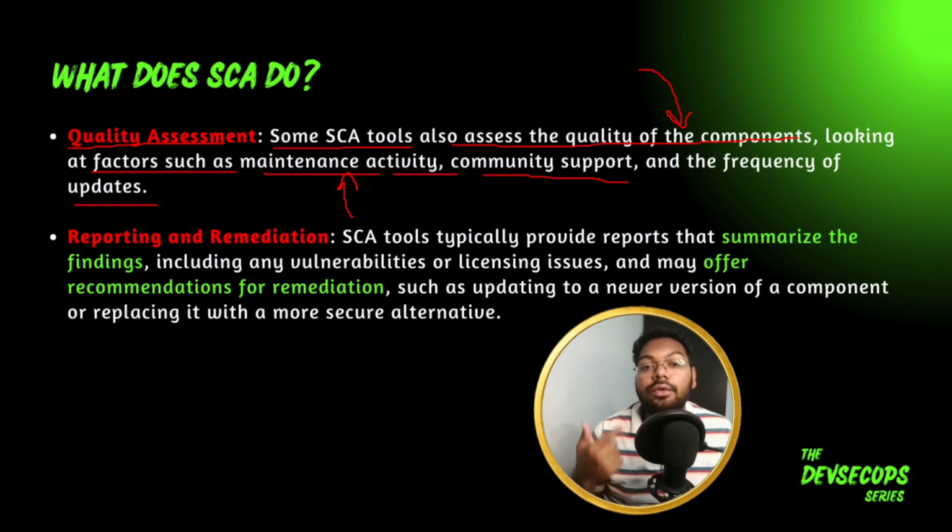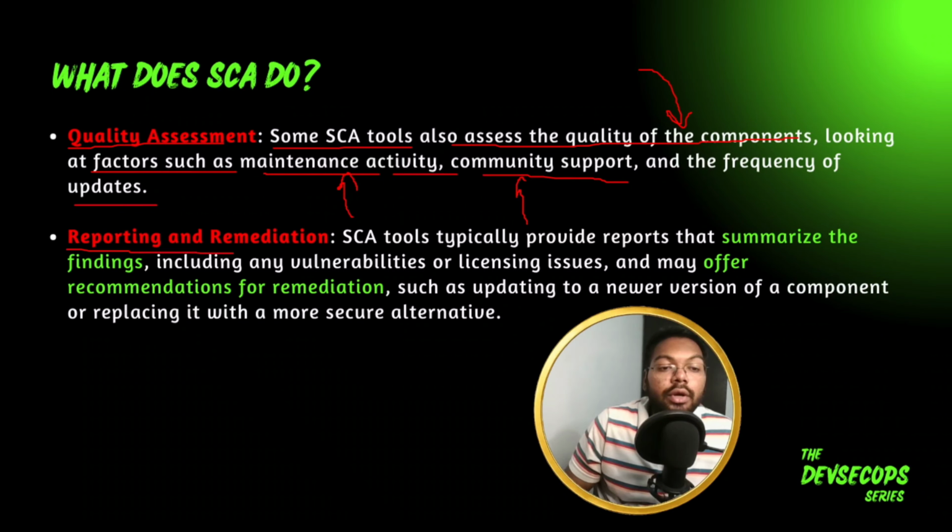Is there a new version available? It also checks for that, and it suggests a new version if it finds one. If you are using a vulnerable component, you can upgrade it to a newer version and be sure that these vulnerabilities have been fixed. That is what maintenance activities it would look at. Then it would look at community support and frequency of updates. So that's the general case.